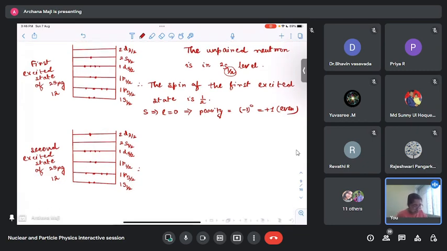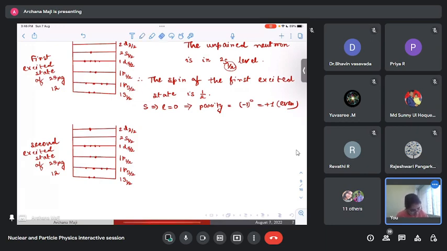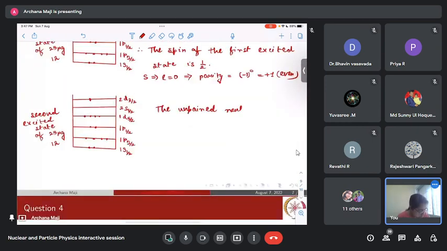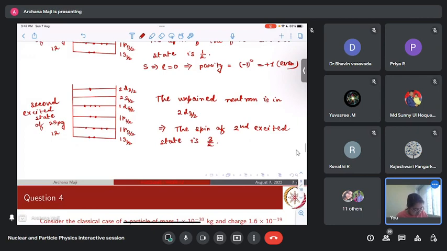Right now the unpaired neutron is in 2d 3 half, so that means the spin of the second excited state is 3 half, and d means L equal to 2, which implies parity will be plus 1, that is even.